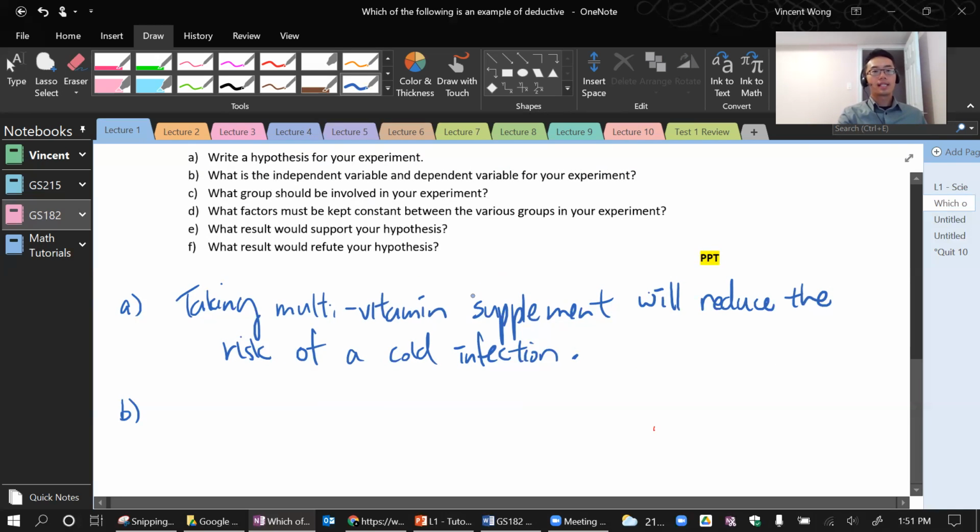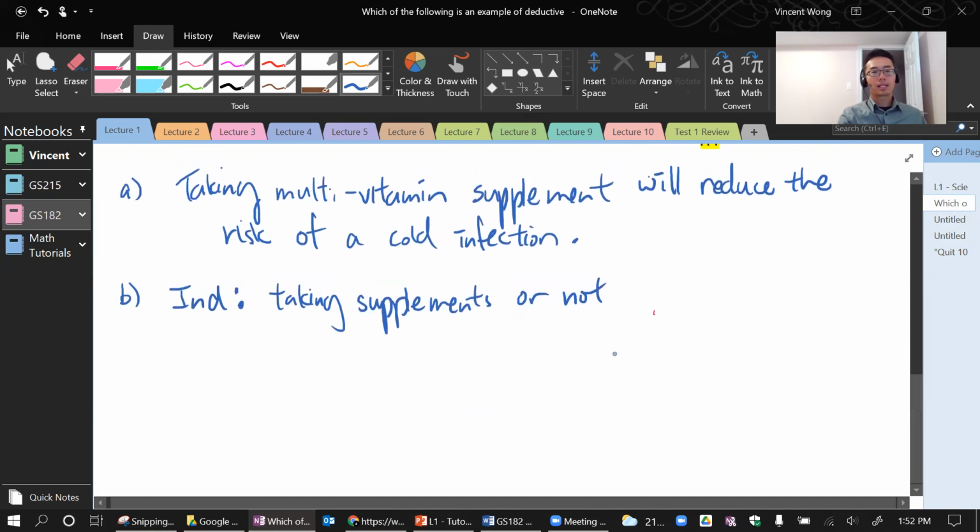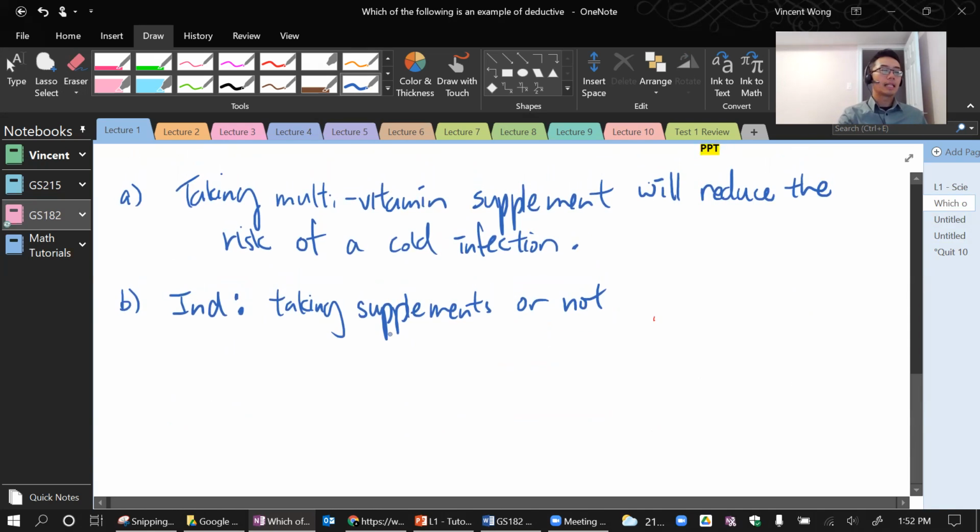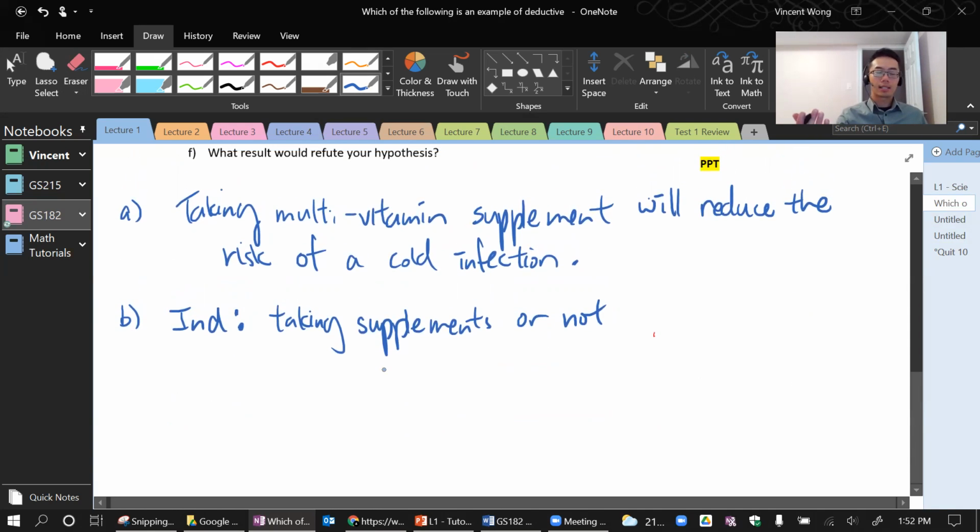B, what is the independent variable and the dependent variable? So the independent variable would be taking supplements or not. Okay, are they taking supplements or are they not? That's the independent. I can control that as an experimenter.